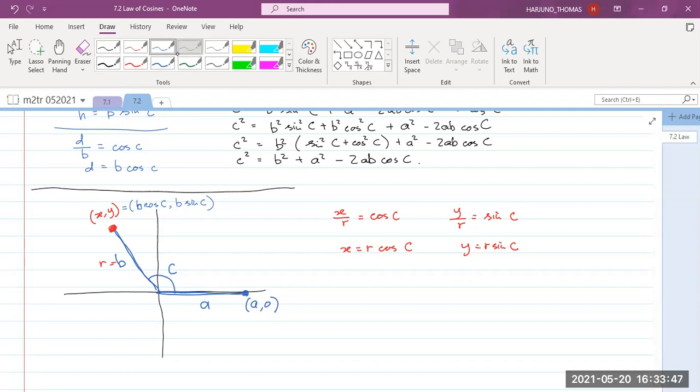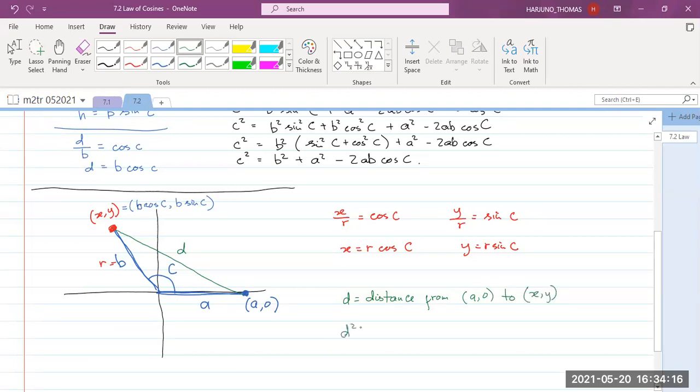Now, side C that we are looking for is basically applying the distance formula on those two coordinates. Let D be the distance from (A, 0) to (x, y). Is that right?